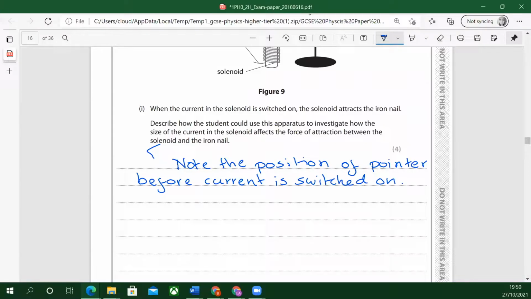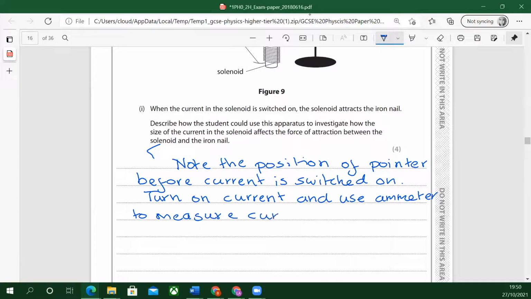So turn the current on and use an ammeter to measure the current. So you want an ammeter connected somewhere. Note the position of the pointer.